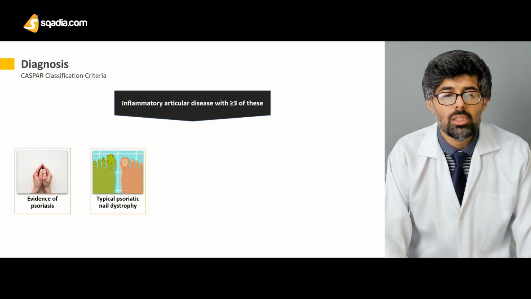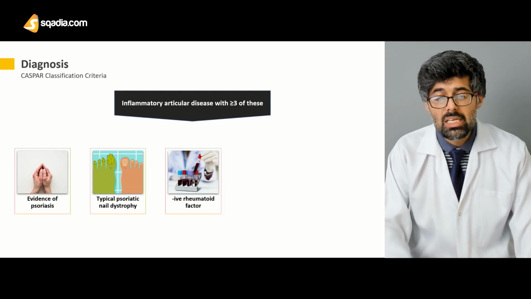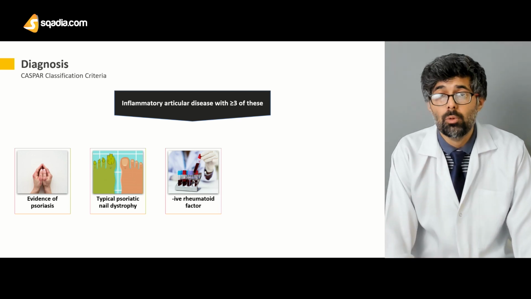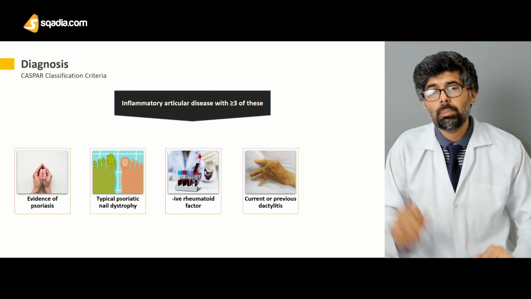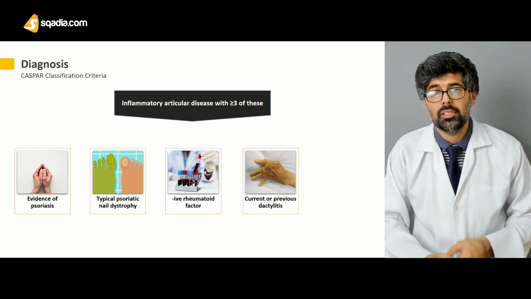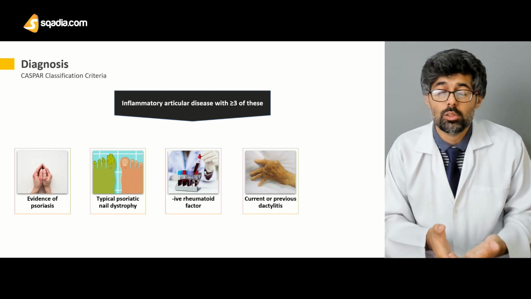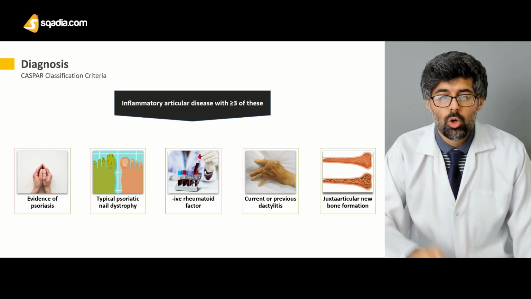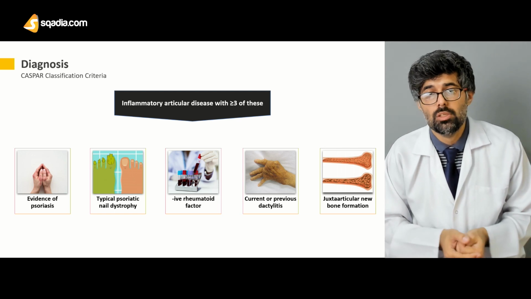It can be typical psoriatic nail dystrophy. It can be negative rheumatoid factor, that is, rheumatoid factor is not found in the serum of the patient. It is either current or previous evidence of dactylitis, that some kind of inflammation is either going on in the fingers of the patient or has happened before, or there is juxta-articular new bone formation.